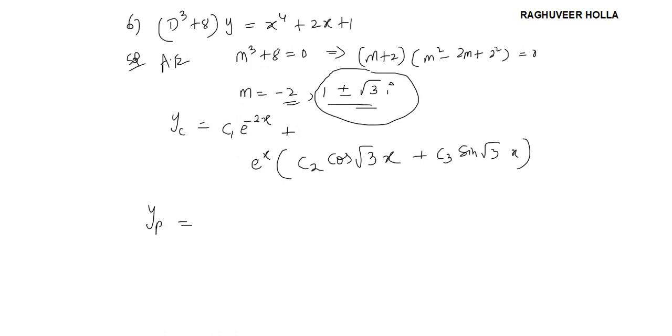So this would be, let me write this as 1 plus 2x plus x power 4, divided by D cube plus 8, right? Now let me try to solve this.